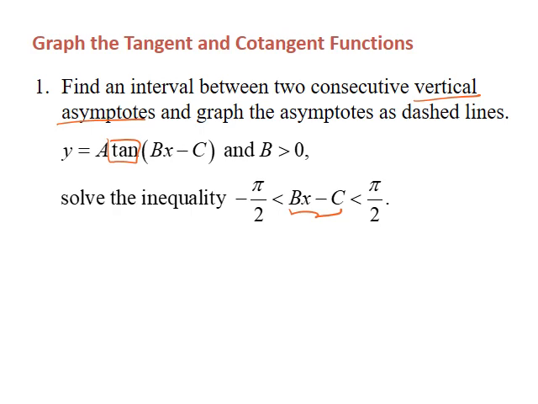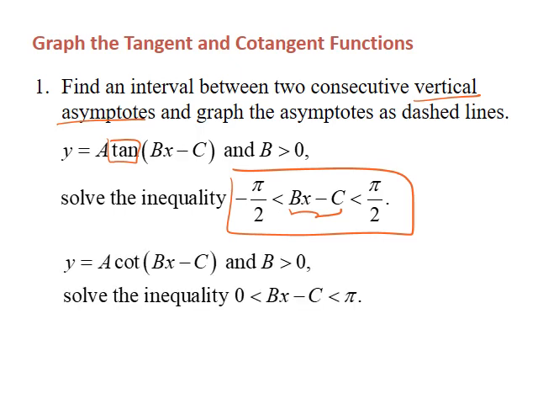Okay, so you'll want to remember this. Now, when graphing cotangent, our 2 consecutive asymptotes in this case will be 0 and pi. Okay, so these are things that you'll want to pay attention to.